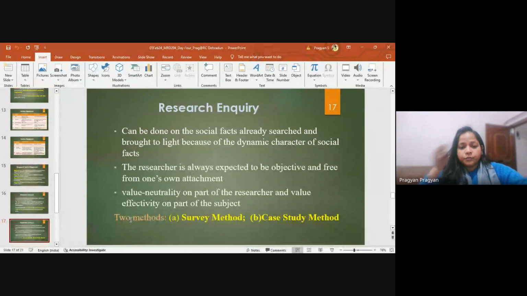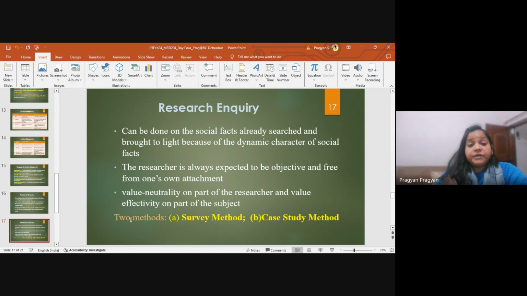Now, let's try to understand how and why we need research inquiry in this specific area of rural development research. We know very well that for objectivity, we require value neutrality. Value neutrality means the researcher has to be free from all types of bias, all types of values, because I am coming from a different background.